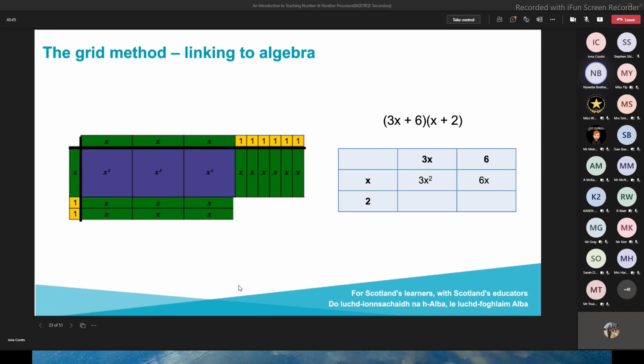We've got our 2 multiplied by our 3 x's, gives us another 6x. And our final, we've got our 2 multiplied by our 6 1's, gives us 12. Building up to give us our final solution of 3x squared plus 12x plus 12.